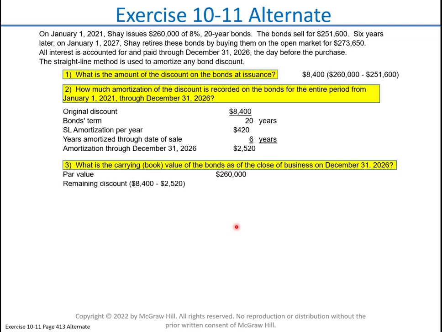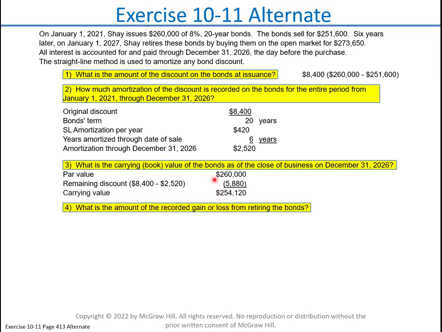We have amortized $2,520 of the $8,400, which means that we still have $5,880 left that we haven't amortized. This gives us the carrying value computed as the par value, $260,000 minus the unamortized discount of $5,880. The carrying value is $254,120, and they said they're going to pay $273,650.